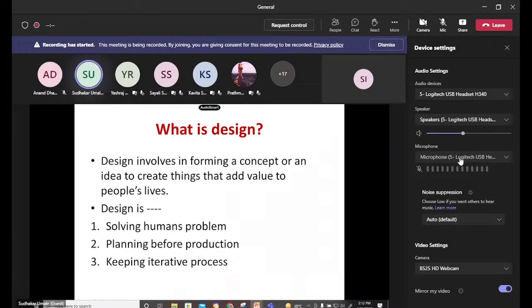Fifth is functionality. The function of the product is given proper importance, and because of the design, the functionality changes. The sixth is cost. The cost is an important factor to be considered for a process design. Seventh is aesthetics.